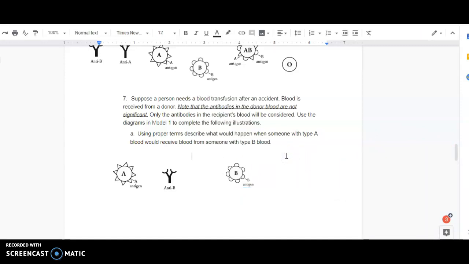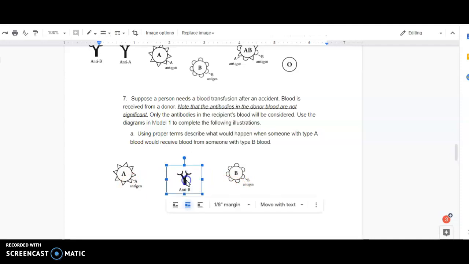Now the question is, is this compatible? Does this work? And so you have A blood cells and B blood cells with their A antigens and B antigens, and you have an anti-B antibody. So will the anti-B antibody and its shape attach to the A antigens? And you can see these are round little half moon shapes.